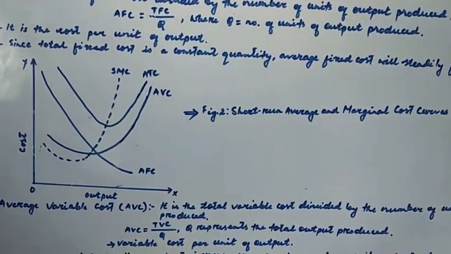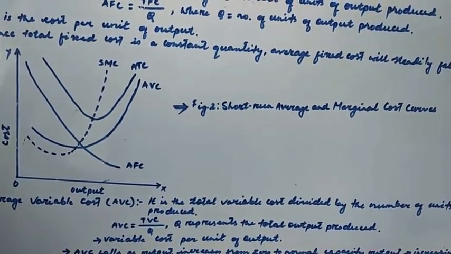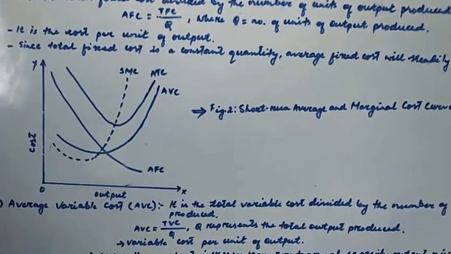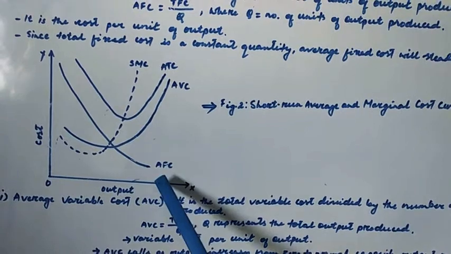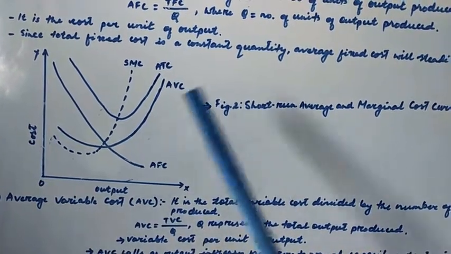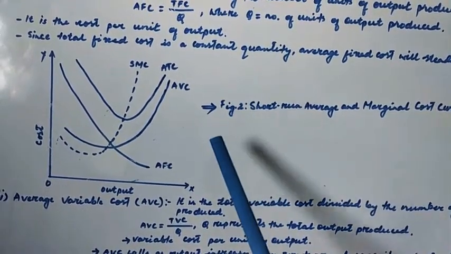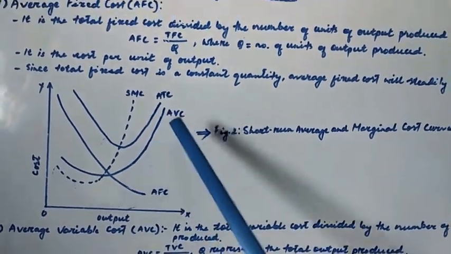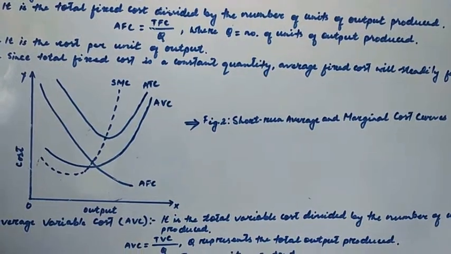And it will come to a point where, when output is very large, this average fixed cost will approach 0. So it is going to approach 0 when the level of output is very large.